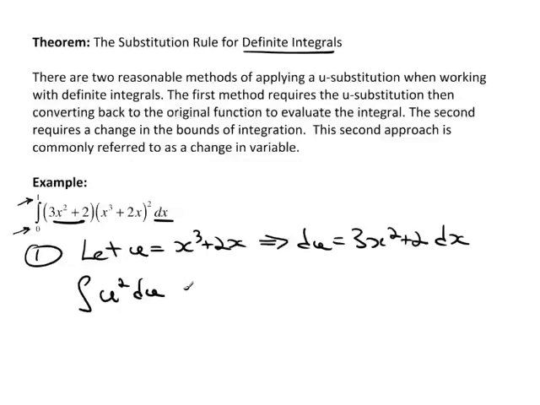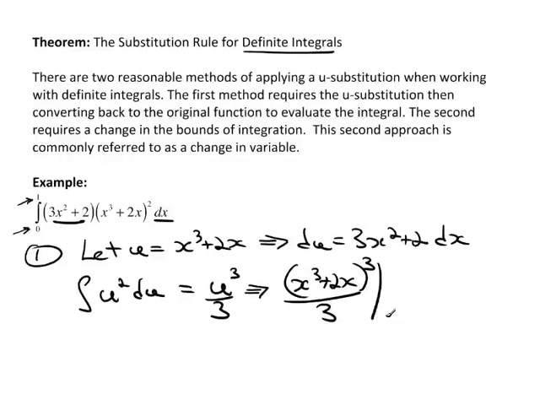So this integral is just going to be u cubed over 3. And this time I'm not going to do plus C, because this is really a definite integral. Here are my bounds. But u was x cubed plus 2x. So what I really have is (x cubed plus 2x) cubed over 3 evaluated from 0 to 1.